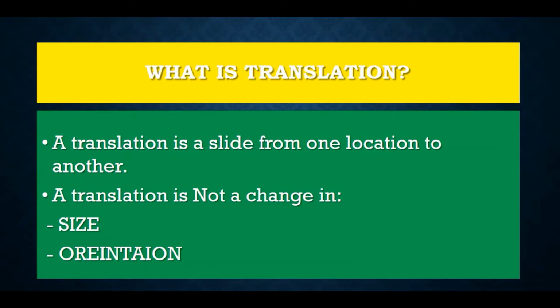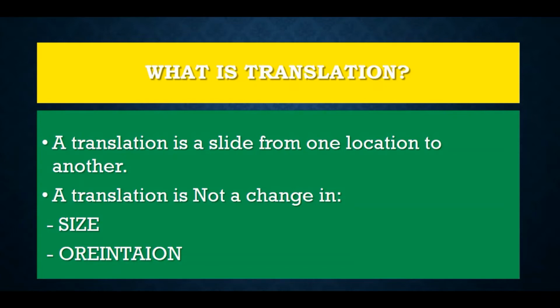Examples of translation. Well, let's say you have a person on a skateboard, and that person skates from point A to point B. Then that would be an example of a translation. Let's say that you shift your phone from one point on a table to another point on a table.